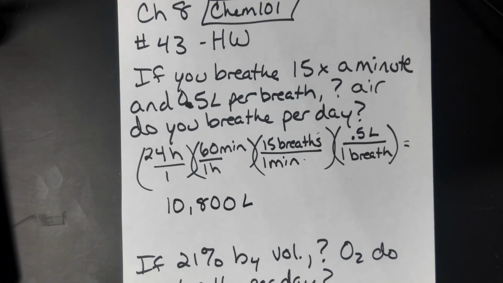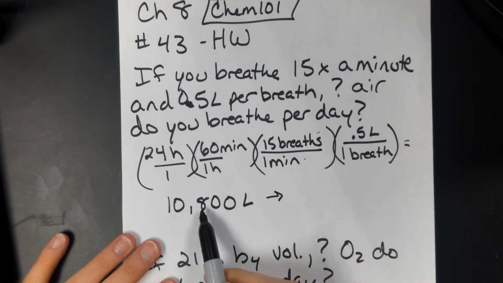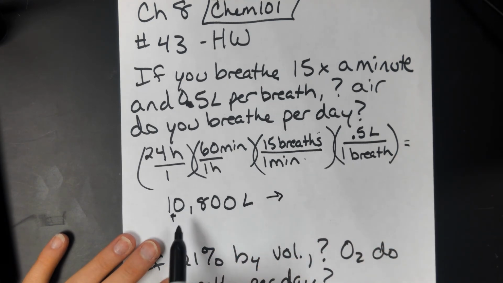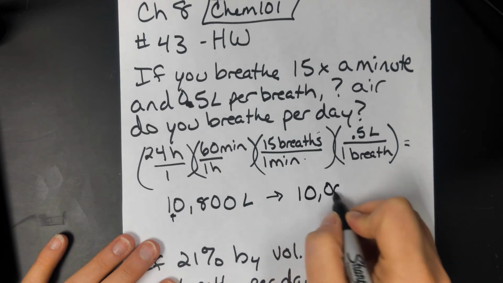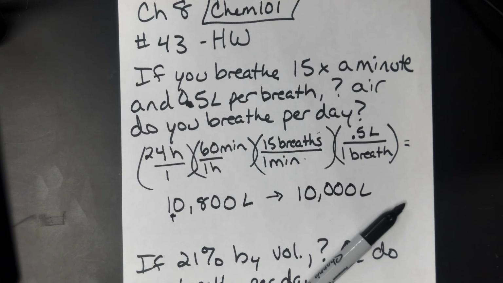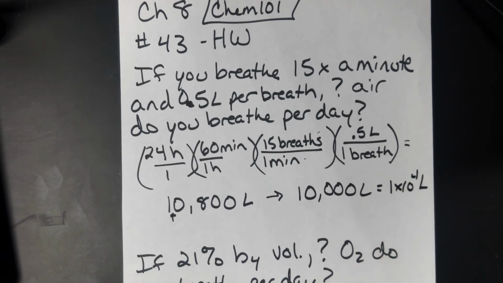Now, they want me to communicate it to 1 significant figure. So 1 significant figure would come right here, and the 0 is not big enough to round it up, so 10,000 liters per day. Let's type that in and double check. That was accepted, which is also 1 times 10 to the 4 liters.